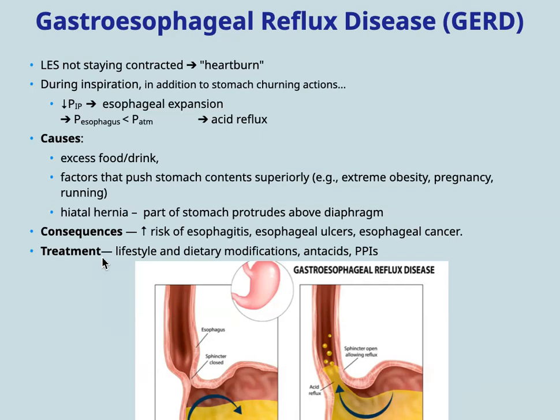Okay. And so some of the causes for this GERD are eating too much, drinking too much, and factors that push the stomach superiorly, including pregnancy, extreme obesity, running, and also a condition known as hiatal hernia, which is where the stomach actually protrudes above the diaphragm, because typically the diaphragm separates the esophagus from the stomach.